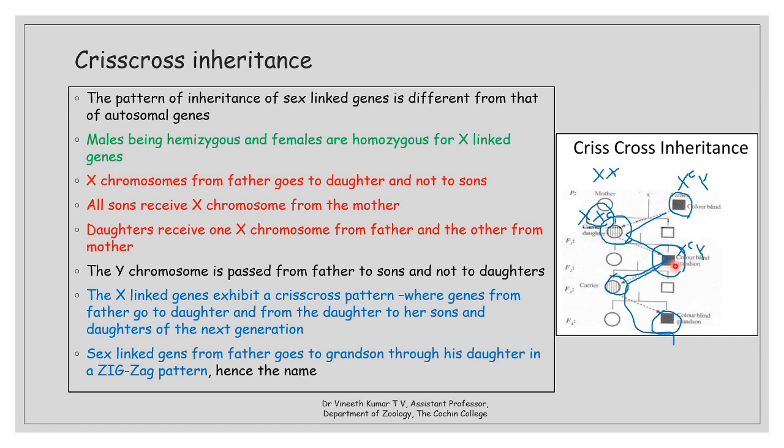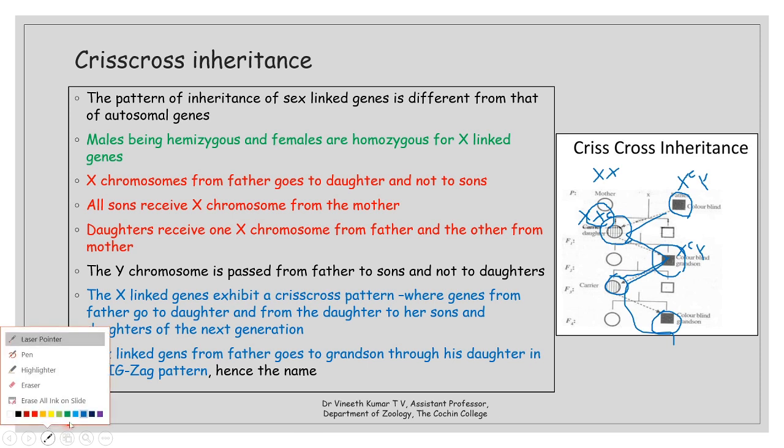So in this example, to show this crisscross pattern, we consider the partner of the affected or carrier individual to be completely normal. They are not carriers.